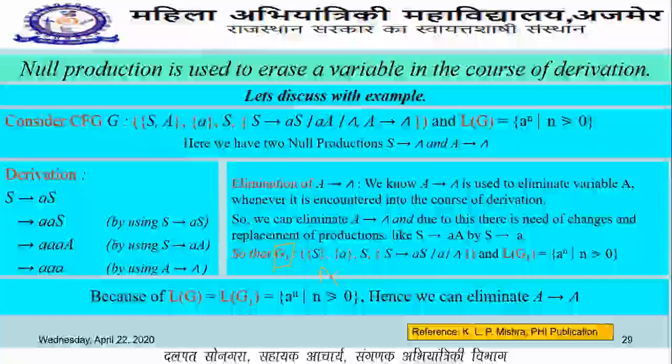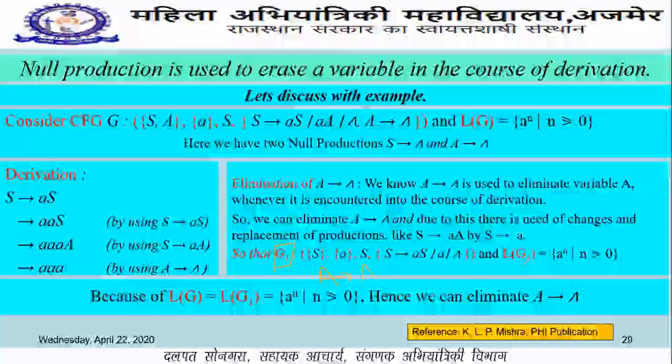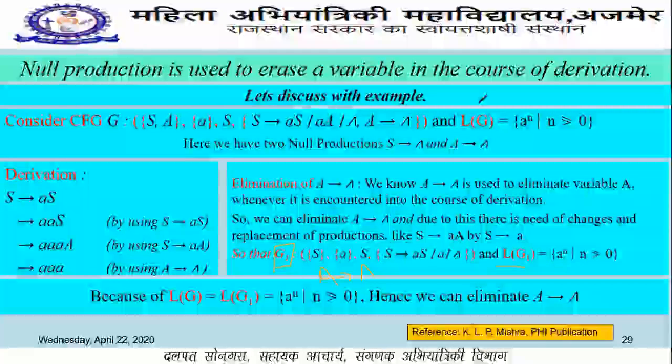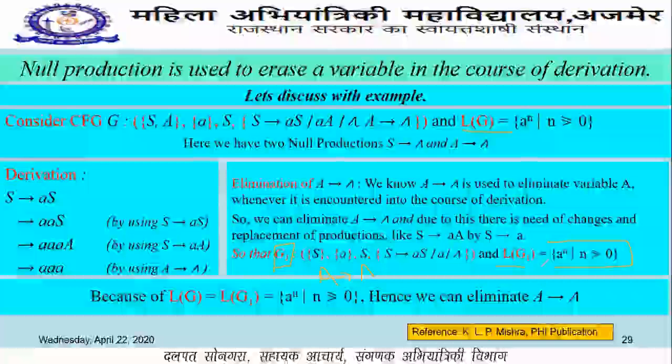So finally, students, we have a simplified grammar in which we eliminate A tends to null, meaning this production is totally eliminated. We look at the language of G1, which is also the same as the language given by G. You can see the language of G1 also gives the n occurrence of A, where n is greater than or equal to 0.